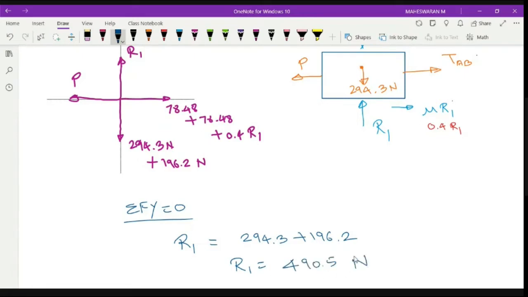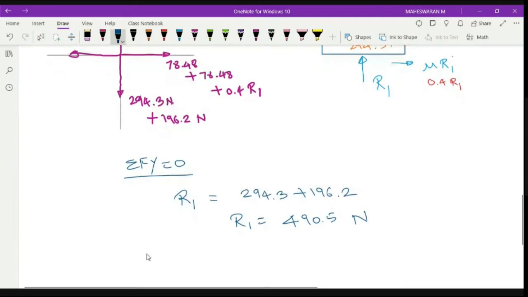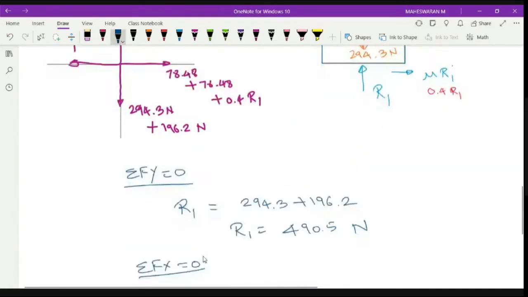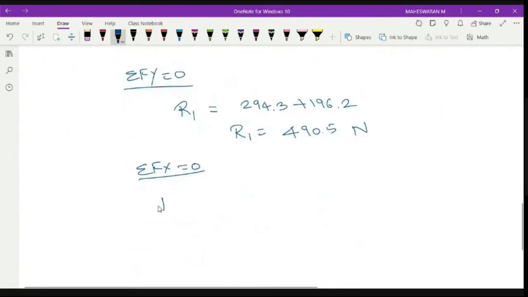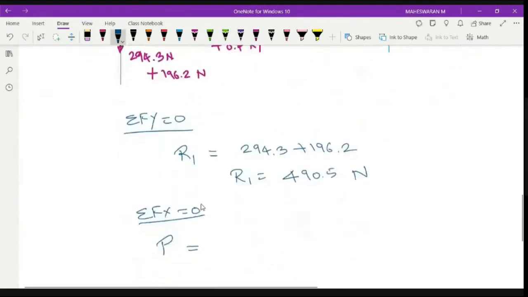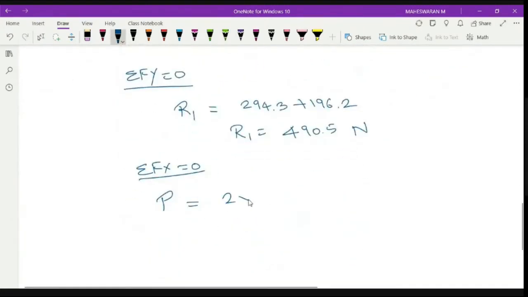So we identified this. Now we can equate sigma Fx is equal to 0. So you'll get P. Left side force is equal to right side force. So P is my left side force. Right side force is 2 into 78.48 plus 0.4 into R1.